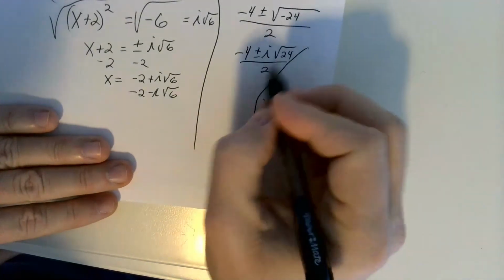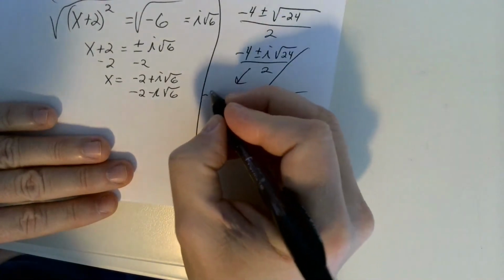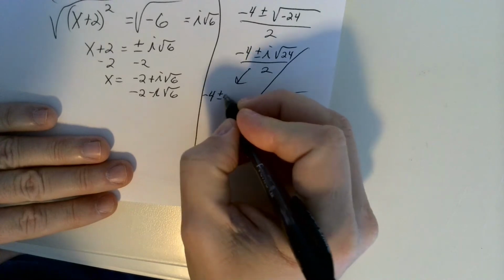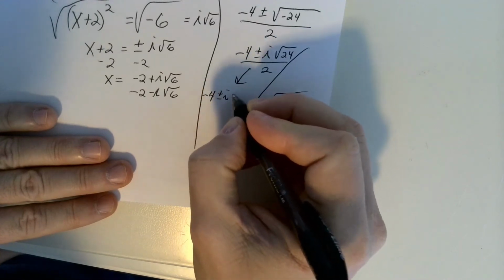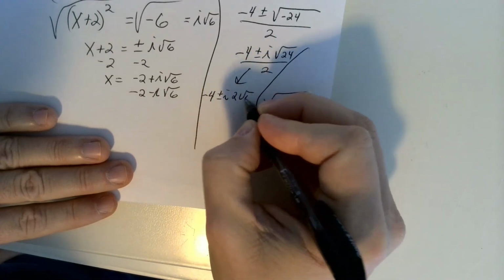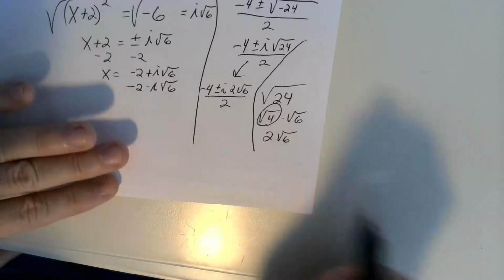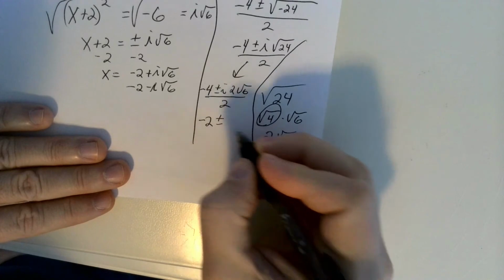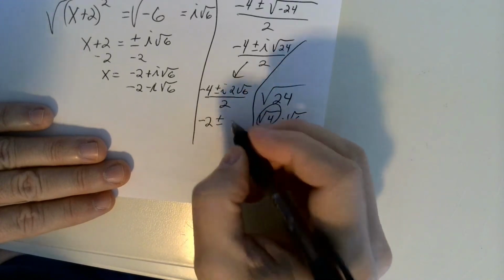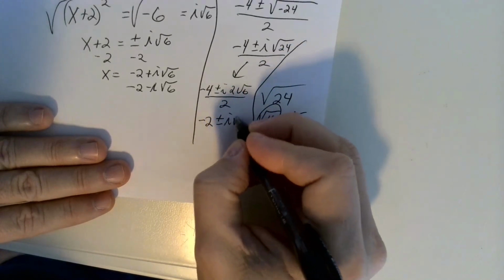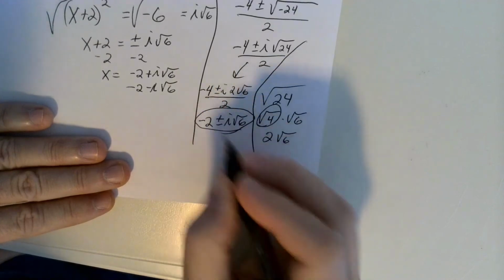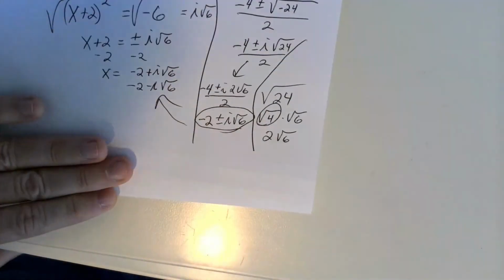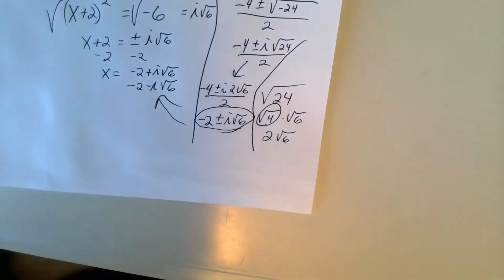So, following this direction, I get negative 4 plus or minus i times 2 square roots of 6, all over 2. Now this 2 can go into here. I get negative 2 plus or minus, this 2 kills that 2, i root 6. And now you can see that is the same answer as what we got before.